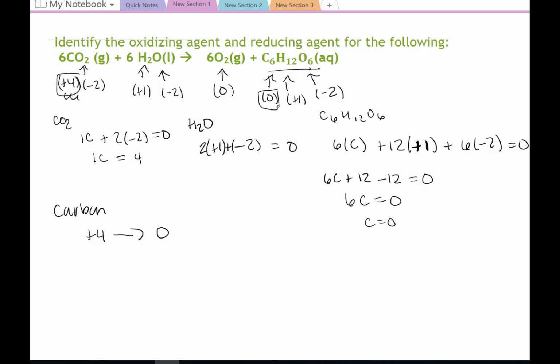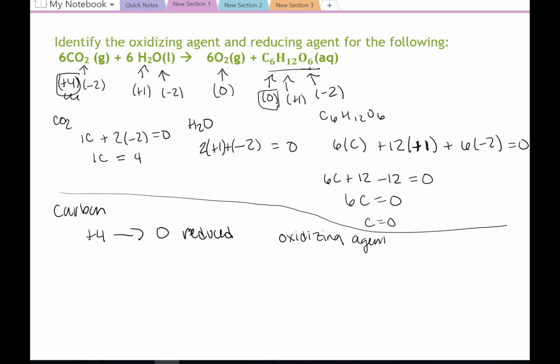So if it's becoming less, we're saying it's being reduced. And anything that's being reduced, we can look at that compound as being our oxidizing agent. So our oxidizing agent is carbon dioxide.